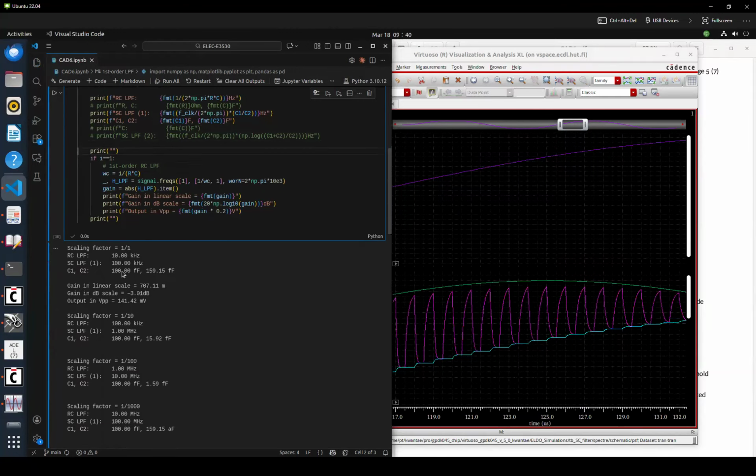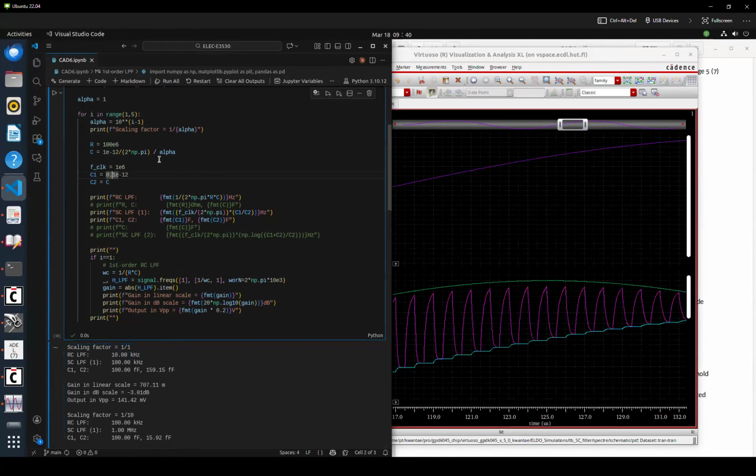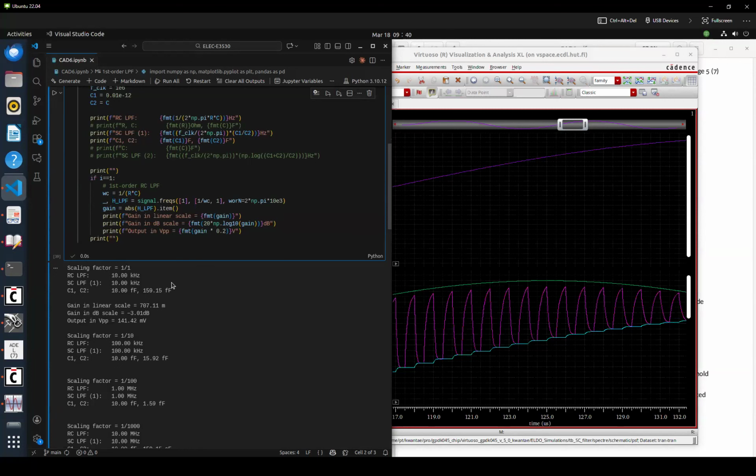Then the RC low pass filter is set at 10 kilohertz, and the SC case is at 100 kilohertz. So in this case, we can even further reduce this one to 10 femtofarad. If we set C1 to 10 femtofarad and C2 as 159 femtofarad, then it sets quite well for the SC low pass filter.